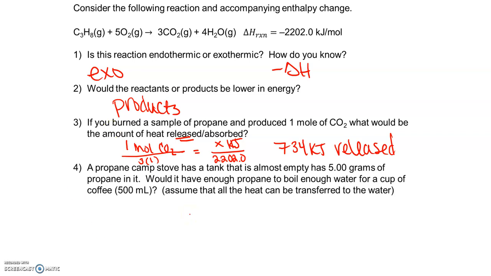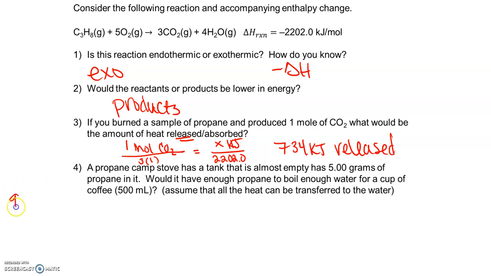All right, final question. A propane camp stove has a tank that is almost empty, has 5 grams of propane in it. Would it have enough propane to boil water for a cup of coffee, which is about 500 milliliters, and assume that all the heat can be transferred to the cup? So this introduces the next thing that I'm going to be talking about in our next video, but it introduces calorimetry and looking at Q equals MCΔT.